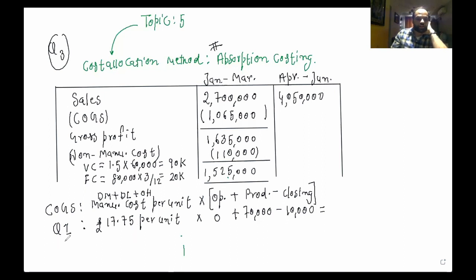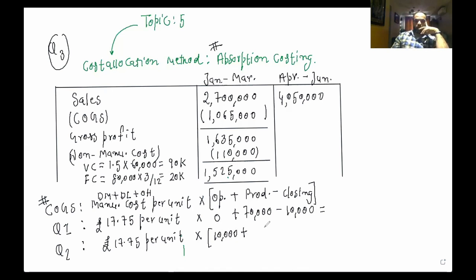So let's calculate quarter two cost of goods sold. Manufacturing cost per unit will be the same, 17.75 pounds per unit, right? Multiply by how much is opening for second quarter? 10,000. And how many we produced? 100,000.